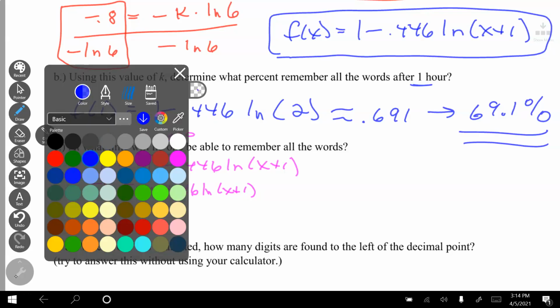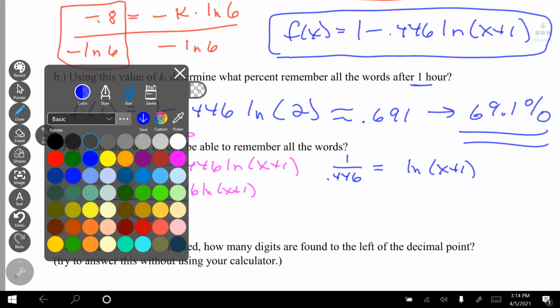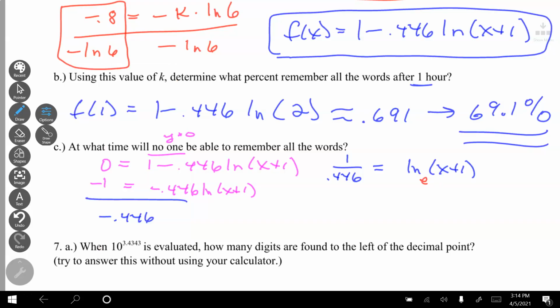Divide by that number. And I get, I'm just going to leave it as that ugly little fraction with a decimal, ln of x plus 1. Now remember, ln has an e in it, so it becomes x plus 1 is equal to e to the 1 over 0.446.